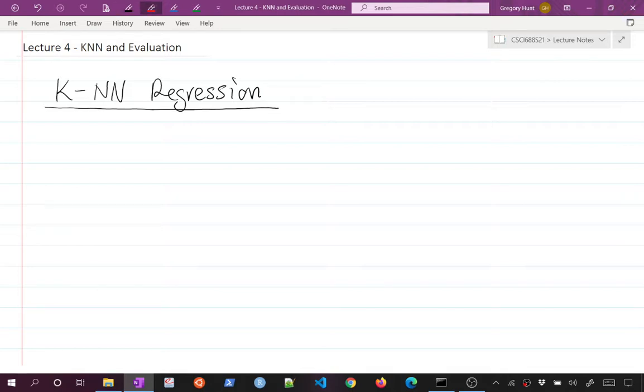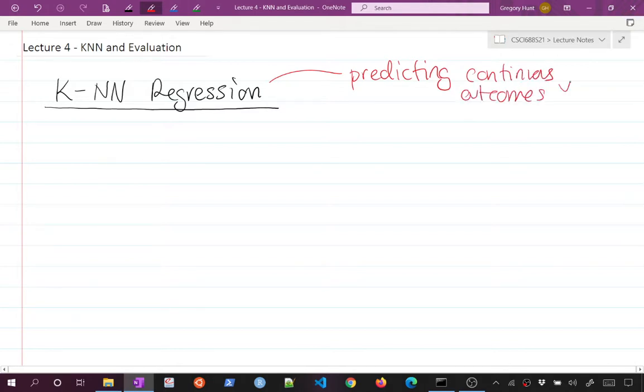So our second method is KNN regression, and not surprisingly, this is a regression technique. That is, it's a technique for predicting continuous outcomes y.